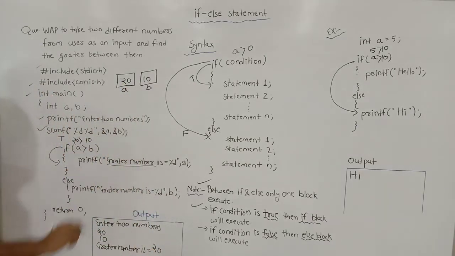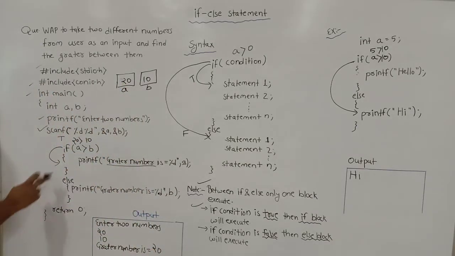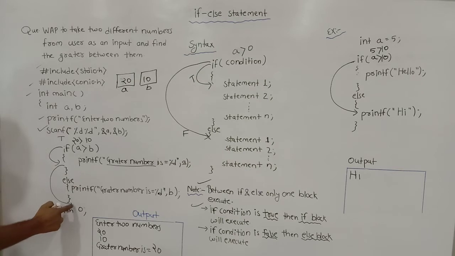After the if we jump to the line after the else, where our program ends. So this is a simple program to find the greater of two numbers.